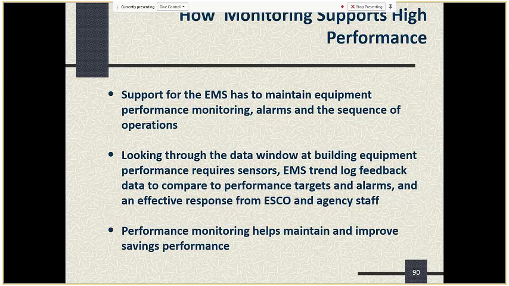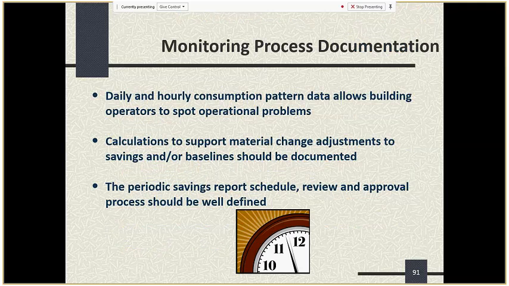So let's go to slide 91. What level of monitoring you're doing depends upon what your objectives are. If you're really trying to spot operational problems with equipment, then you might get down to daily or hourly consumption pattern monitoring, or even 15-minute interval data, depending upon what the system is.